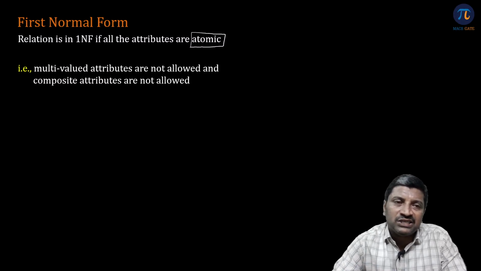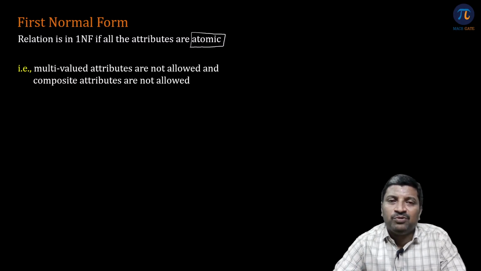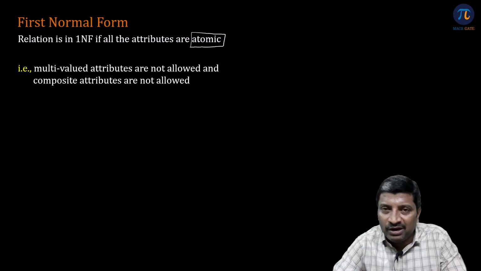We have already discussed what a multi-valued attribute and a composite attribute are. Again, let me recall those two definitions. A multi-valued attribute is an attribute which can have many possible values. For example, mobile number: a person can have more than one mobile number.